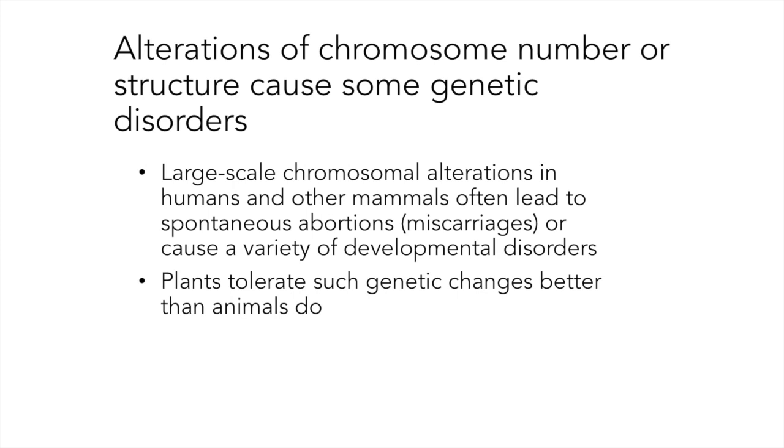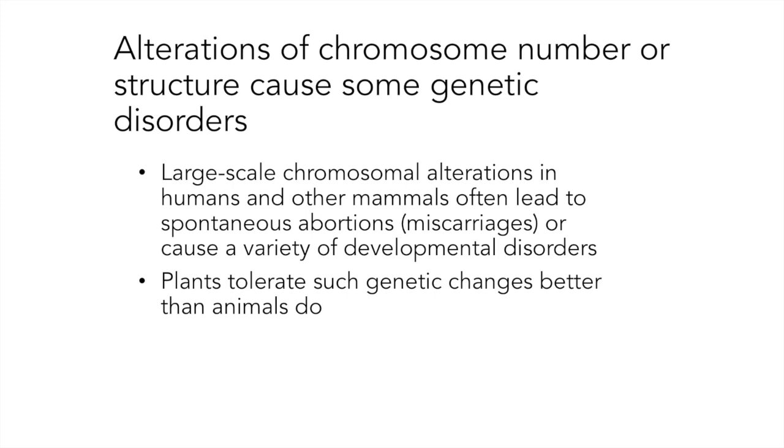Now, large scale chromosomal alterations in reproducing organisms usually mean that the offspring will not survive. So in humans, this leads to things like miscarriages, or what we call spontaneous natural abortions. But plants tend to tolerate these changes better than animals.